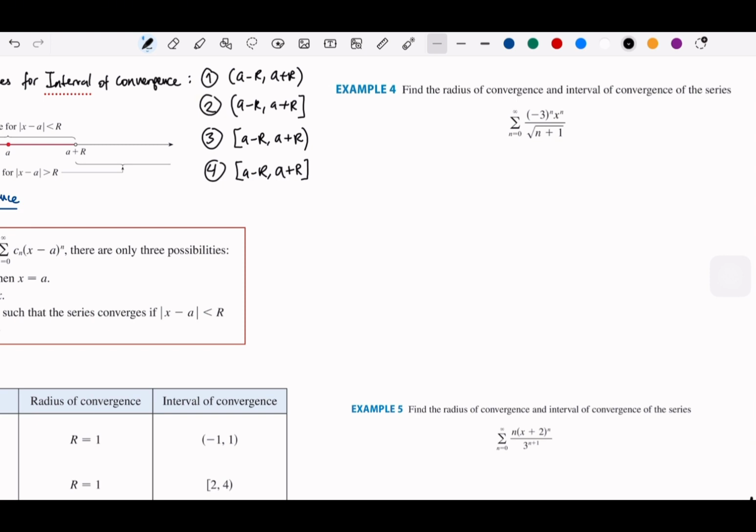Now let's see from this example, we could define which one is R and which one is our interval.